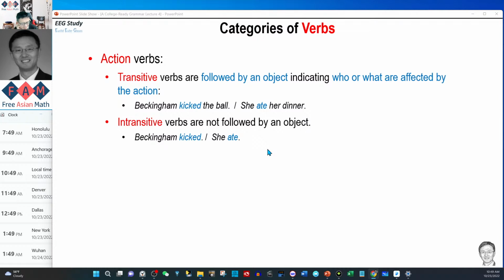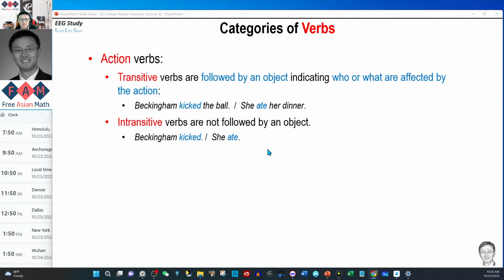As we will learn later, and for those of you who have already learned this, in English there's also a distinction between active voice and passive voice. When we talk about passive voice, it's important to understand that if you have an intransitive verb and you don't have an object, you cannot convert the active sentence into a passive sentence.